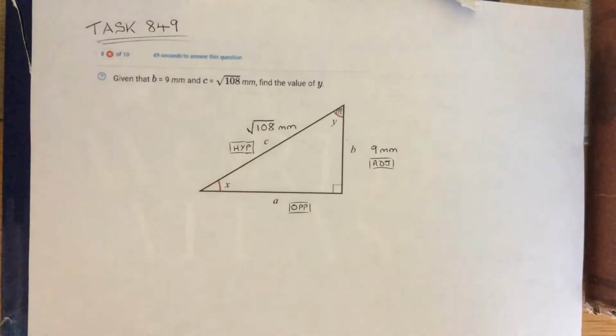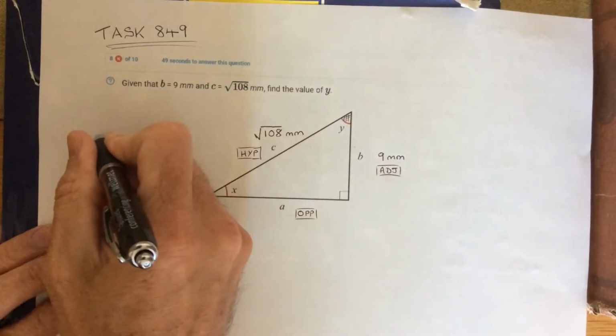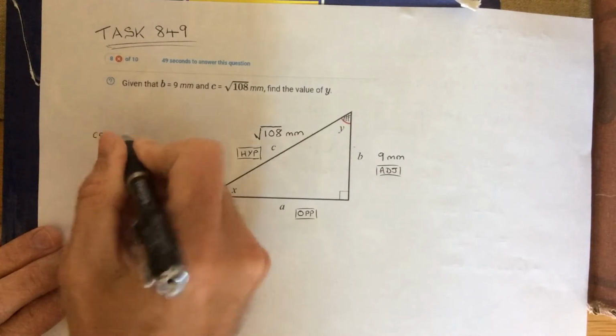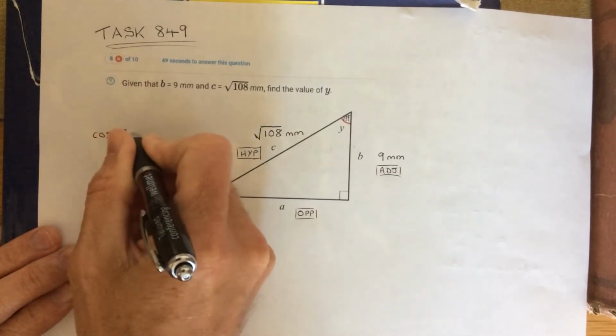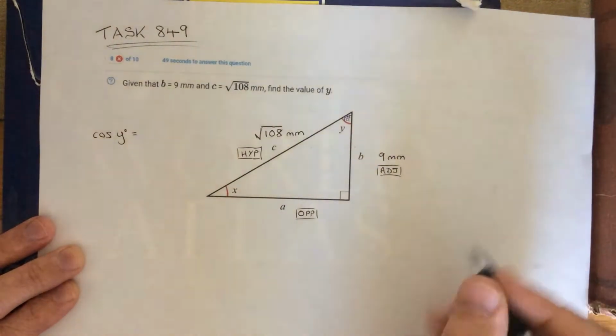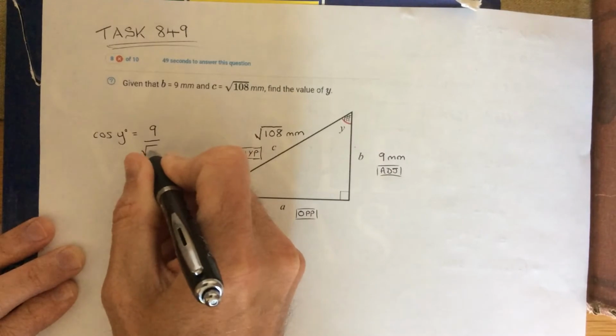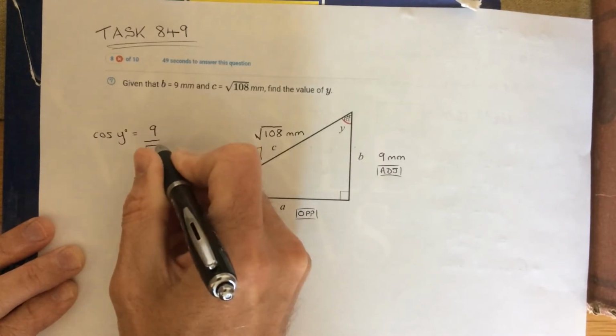So it's cosine. Okay. So if I write over here that cosine y degrees, or whatever it is, is going to be adjacent over hypotenuse, which is 9 over root 108.